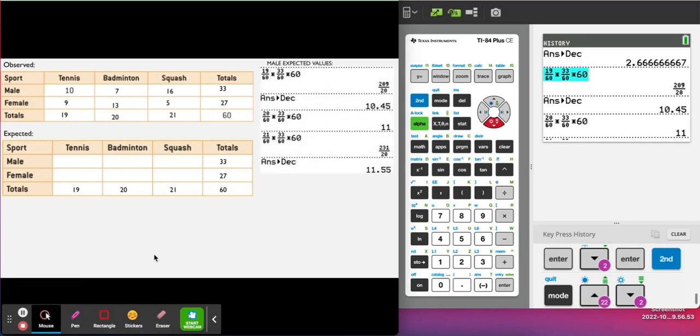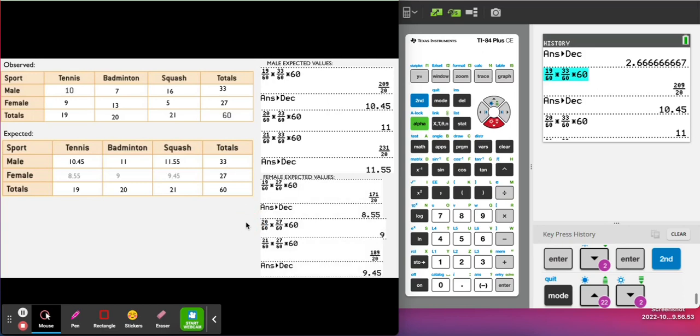And when you do all of those calculations, then you're ready to put them into your table. Notice that if you add up all these numbers, it should still add up to 33 if we did the calculations correctly. We do the same thing for female, and then we put these in. Again, they should all add up to 27, and then your columns should add up to whatever the total was down here.